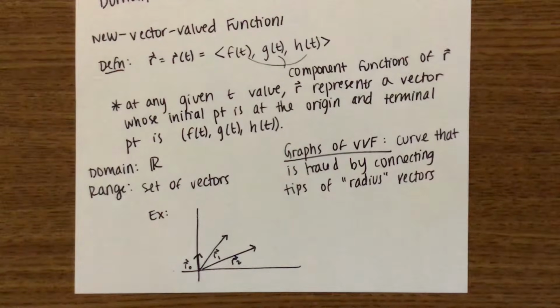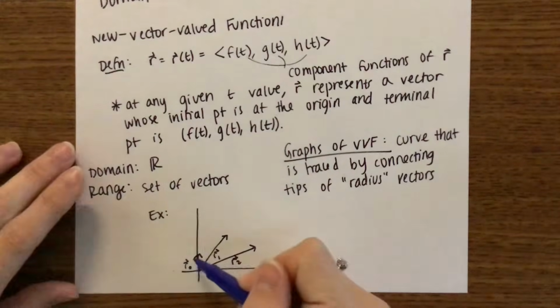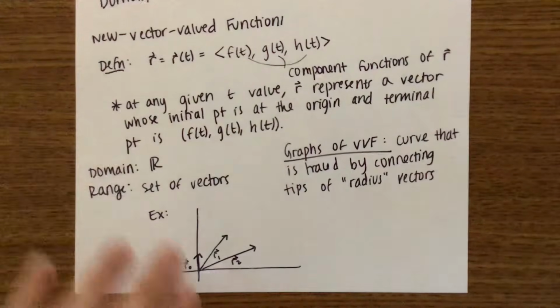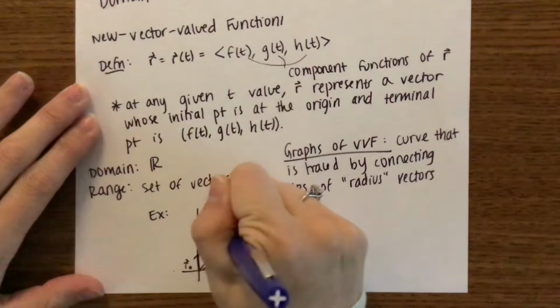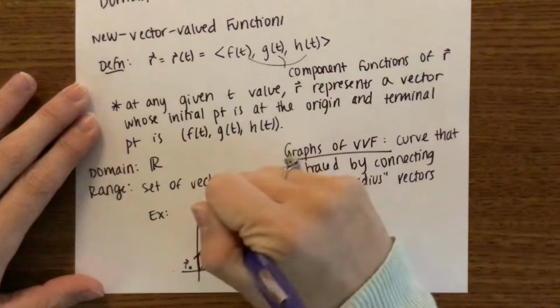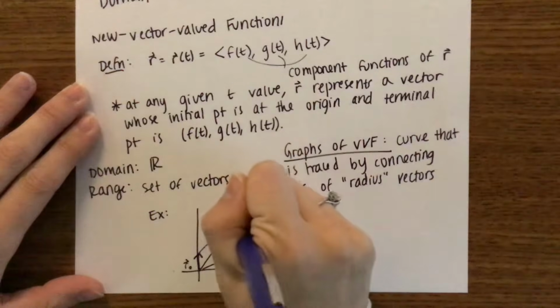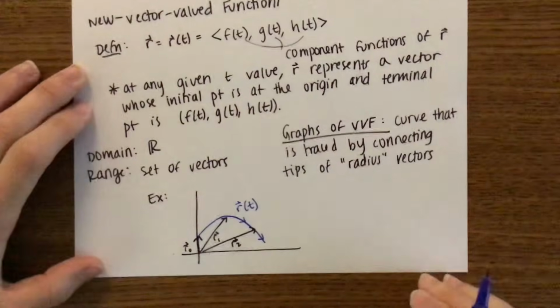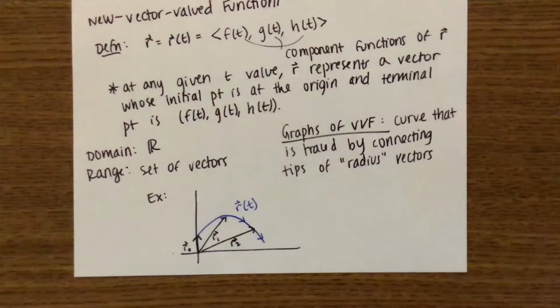Okay, so then the graph of the vector valued function is when you connect all of these tips. So it might be a curve like this. So we call that r of t, or just r. And then you put the arrows to show the orientation. So graph of a vector valued function is really similar to a parametric curve. It's still a curve and it still has orientation, just the way you graph it is a little bit different.